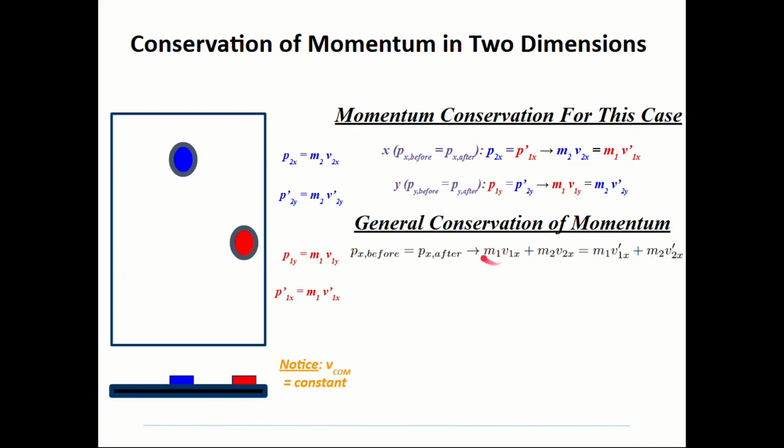We'll get the mass of one puck times its velocity in the x direction plus the mass of the other puck times the velocity in its x direction is equal to the mass of the puck times its new velocity in the x direction after collision, plus the mass of the other block times the velocity in the x direction after the collision as well. So you work component-wise when it comes to these diagonal directions.